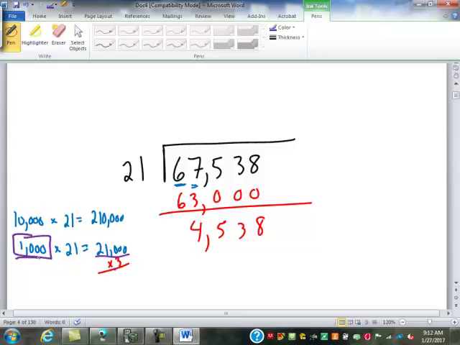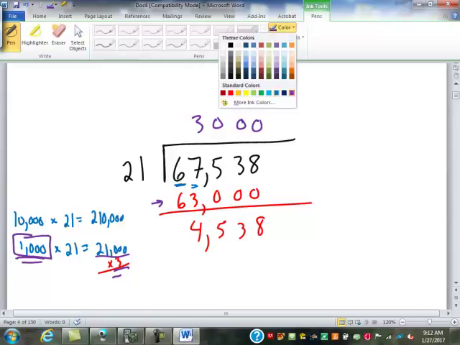So we did a bundle of 1,000 3 times. So 1,000 times 3, that's 3,000 21s. We just subtracted 21 3,000 times. Or 1,000 times 3. That's where the 63,000 came from.